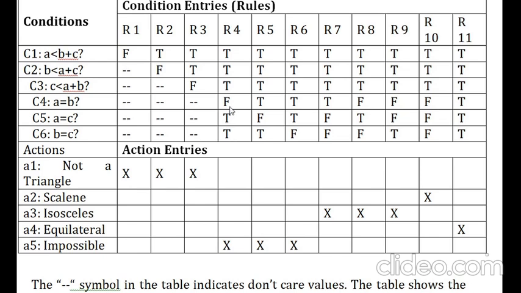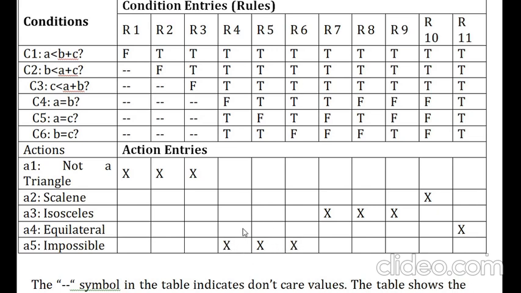That is, A equals C and B equals C. Definitely if A equals C and B equals C, then A equals B, but unfortunately A equals B is false here, which is not possible. That's why we call this action impossible cases. Like that R4, R5, R6 are the impossible cases.